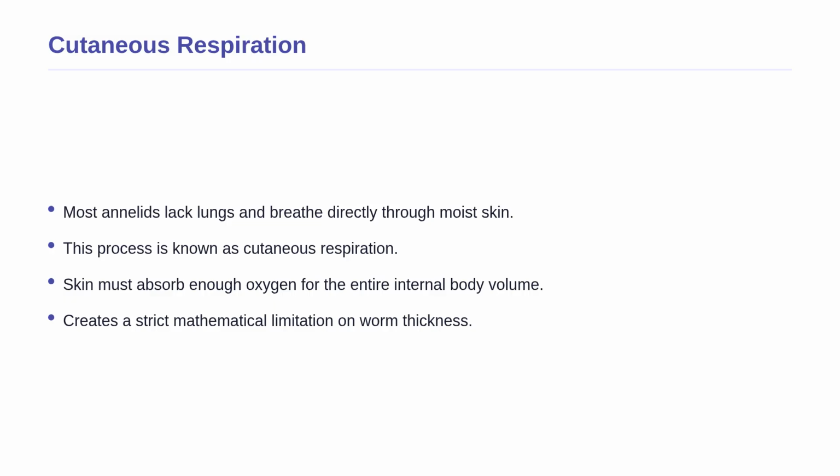This creates a strict mathematical limitation on how thick a worm can grow. The efficiency of their breathing depends entirely on their surface area to volume ratio. If a worm gets too thick, its internal volume grows much faster than its skin surface area, and it will suffocate.